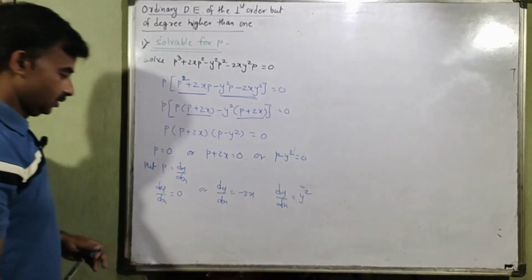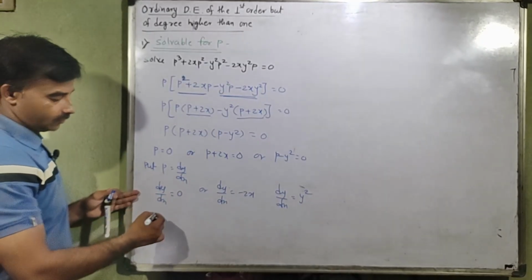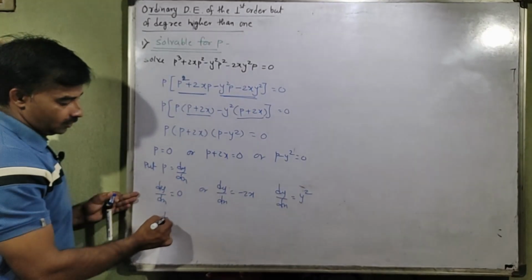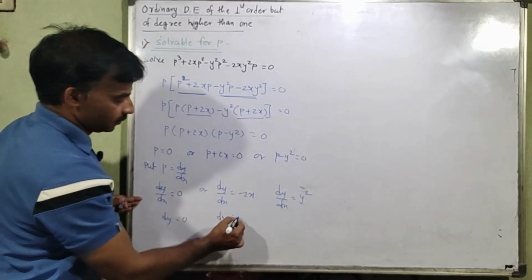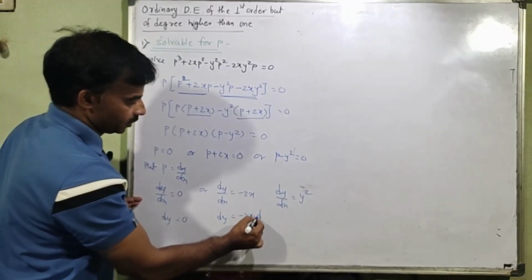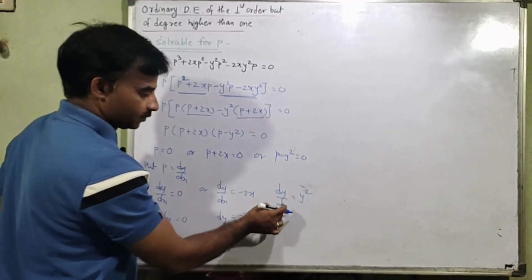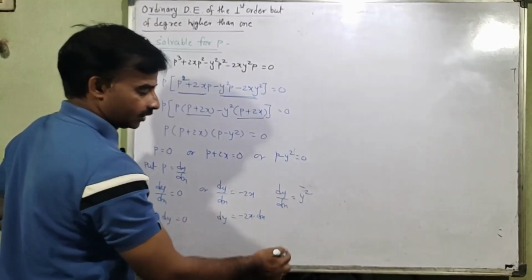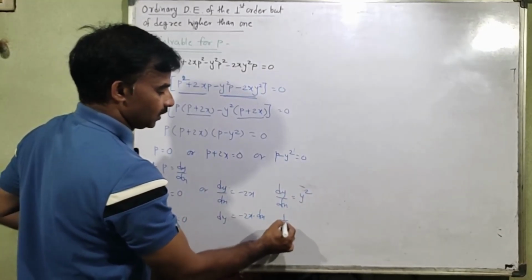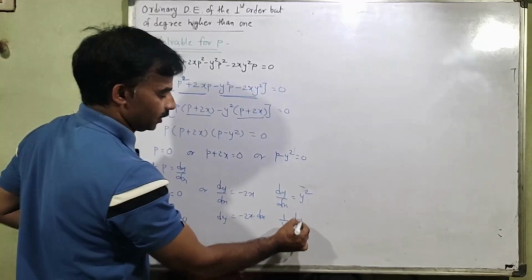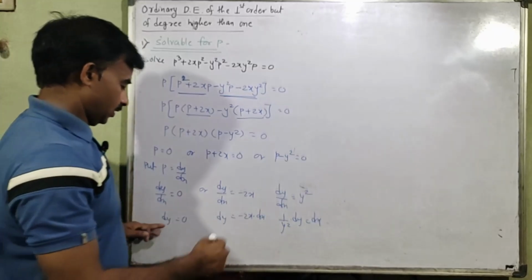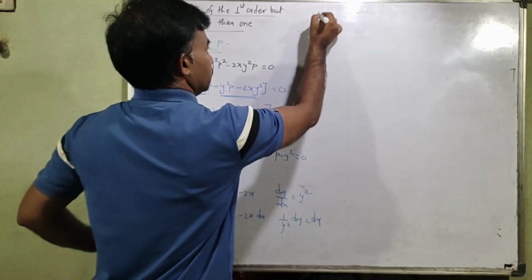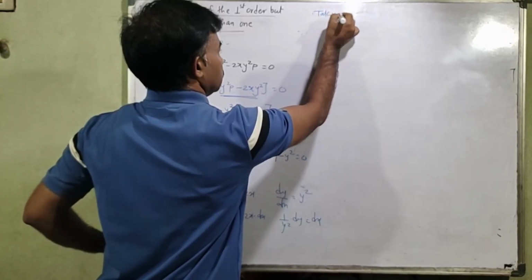Then in variable separable form, you will get just dy is equal to 0, dy is equal to minus 2x into dx, and here we transfer dx and y square, and you will get 1 divided by y square into dy is equal to dx. And I am just taking the integration of this.